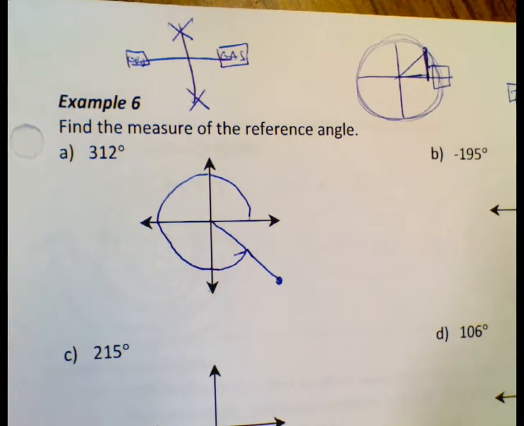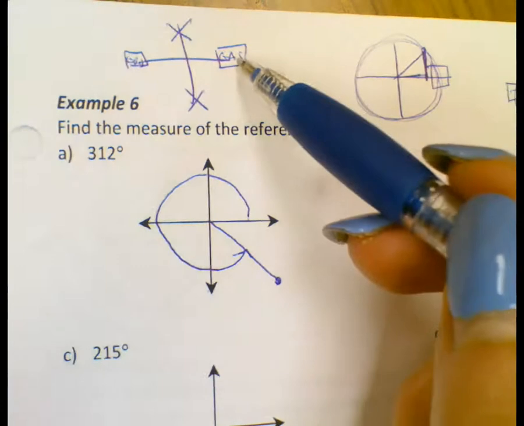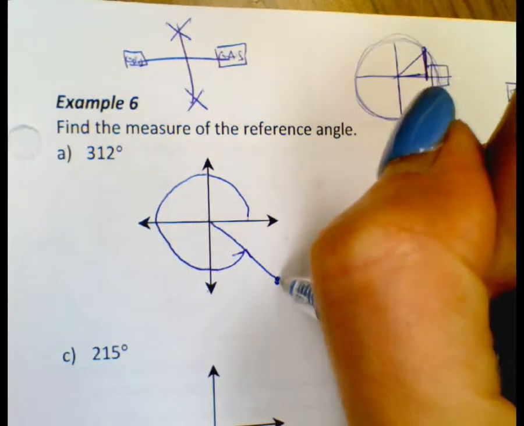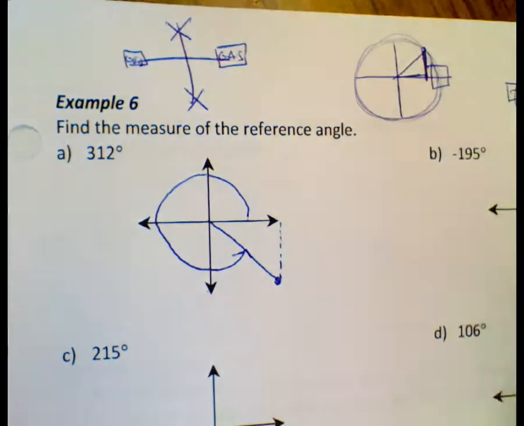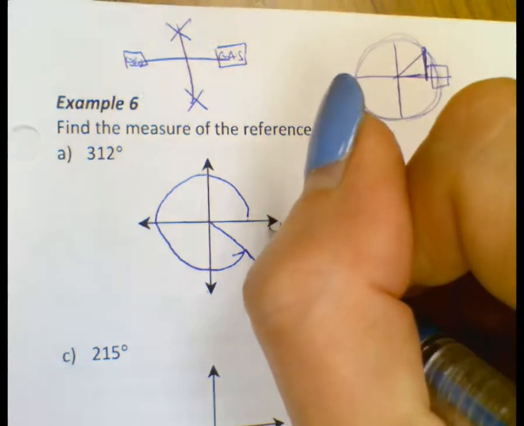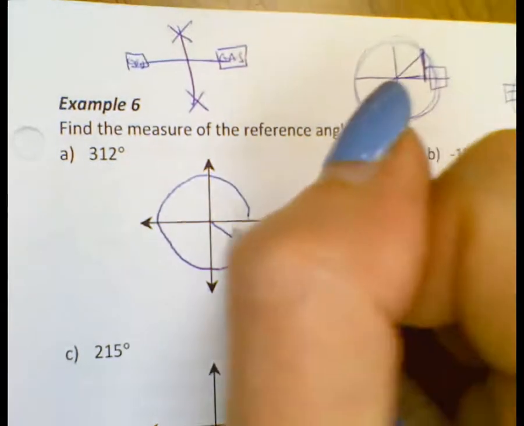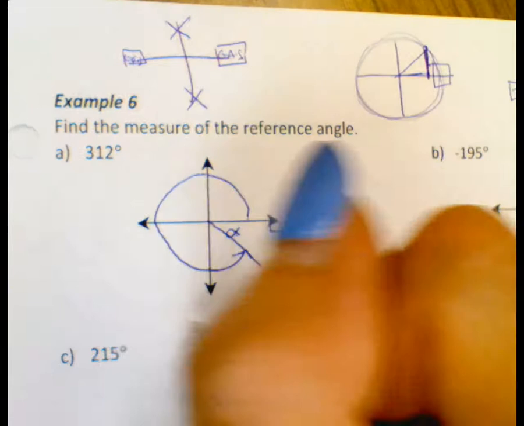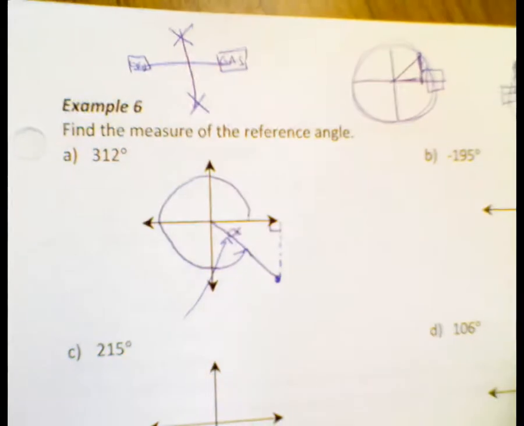Well, you need gas. There's only two gas stations open. One's on this axis, one's over here. You're closer to this one, so you're going to go to the closest x-axis. You're going to draw in a 90 degree angle. But this, right here, is your reference angle. This is the answer.